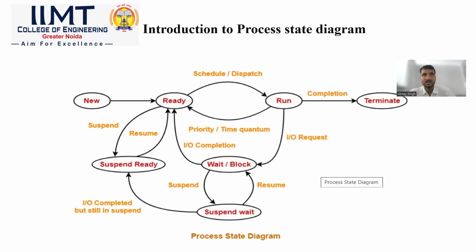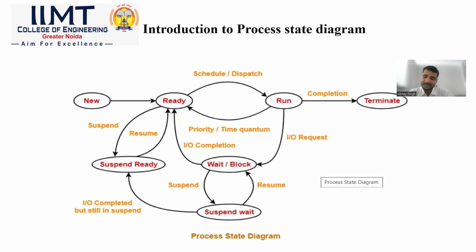When a program is ready for execution, it goes through the following states: new state, terminate state, suspend wait state. These states lie in the secondary memory of the computer system, and ready state, run state, waiting state lie in the main memory.